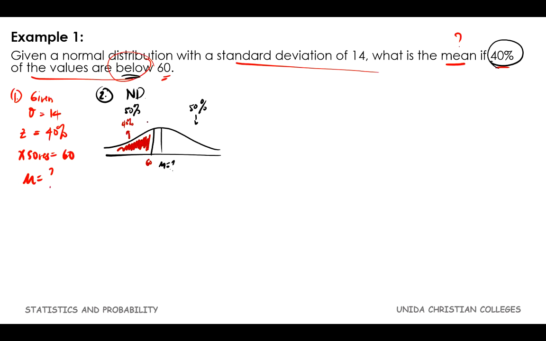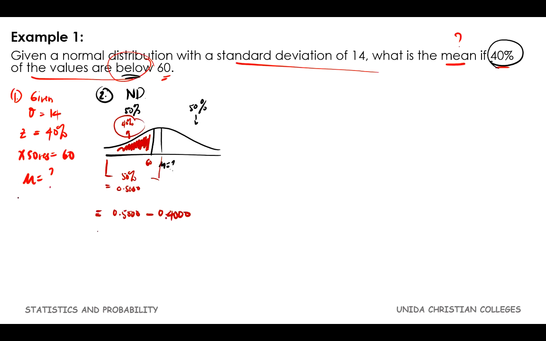Okay, alam natin na from here to here, this is 50% or equal to 0.5000, or it could be 0.5. Same lang po yun. So, ang gagawin natin, lagi tayo magma-minus: 0.5000 minus this, which is 0.4000.